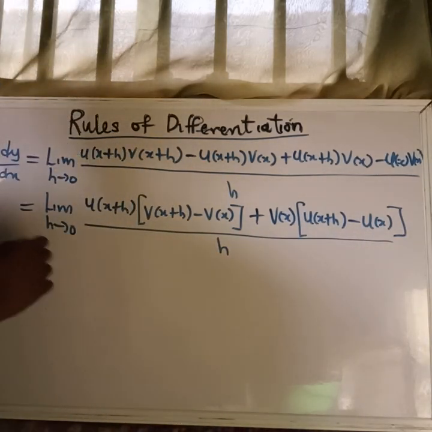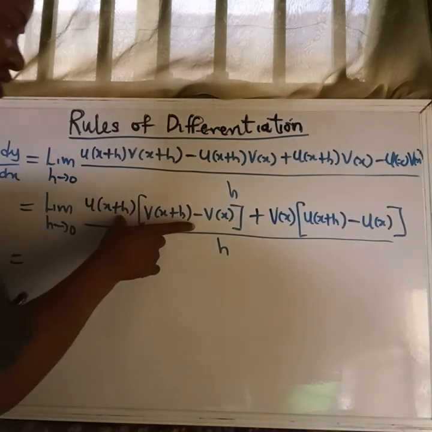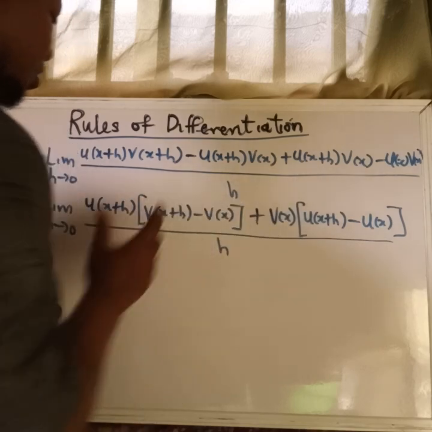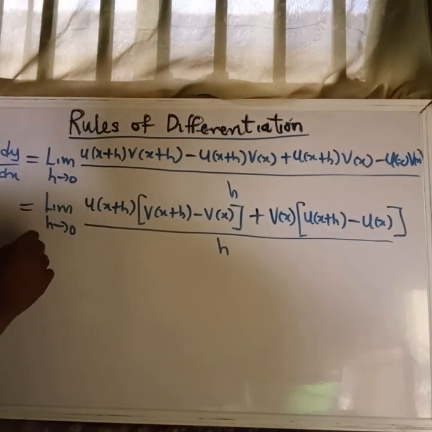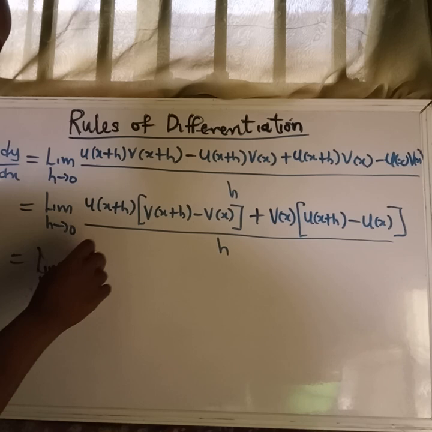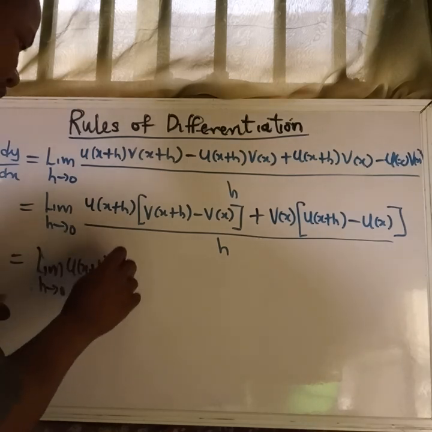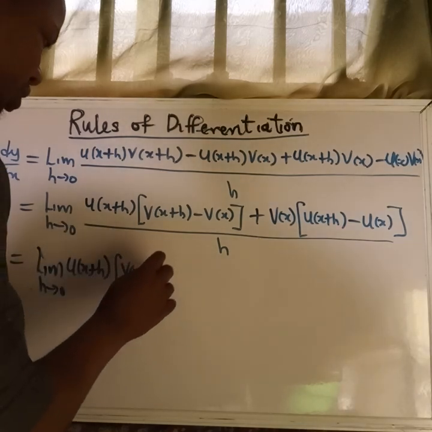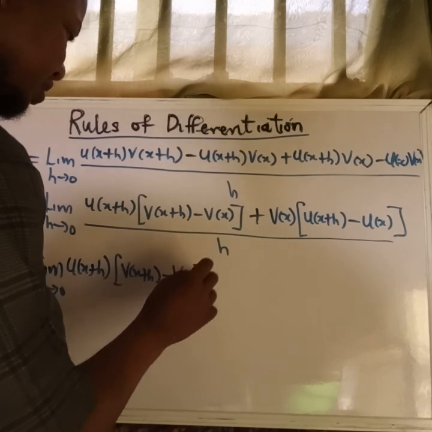By the law of limit, this limit will affect this term and it also affects this term. This gives the limit as h tends to 0 of u of x plus h times v of x plus h minus v of x.